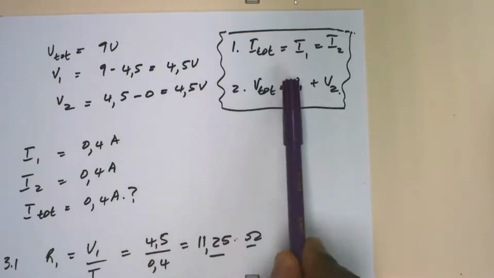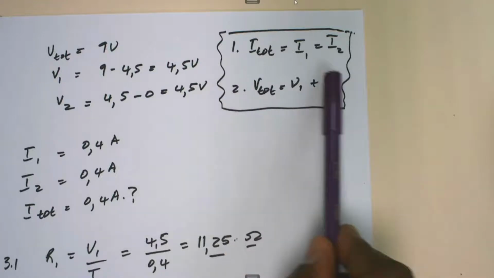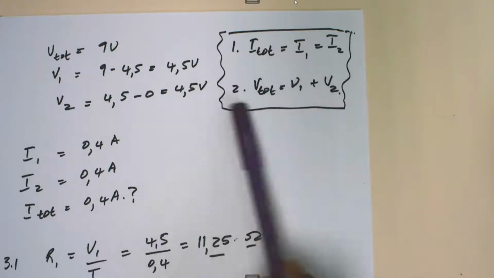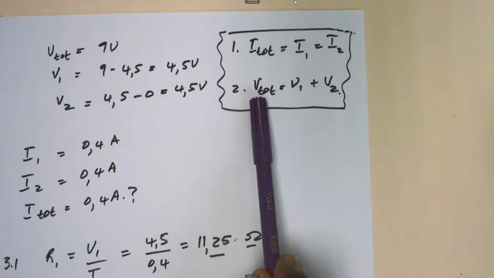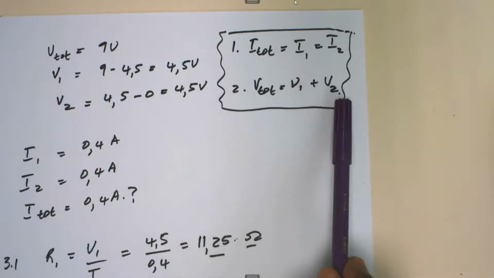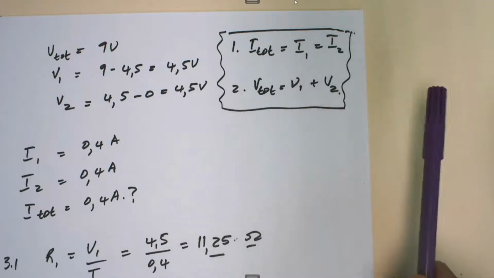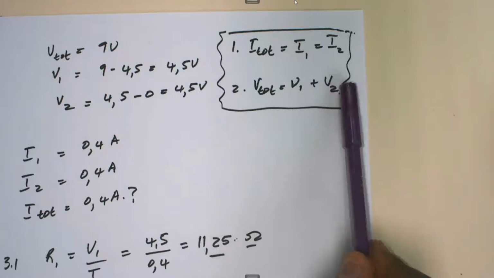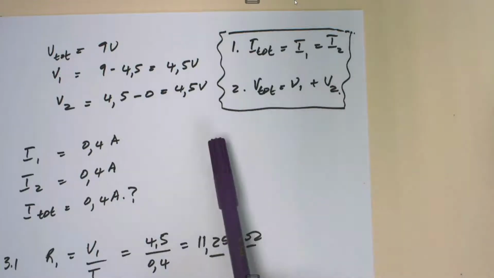So if we have our resistors connected in series, V total will be V1 plus V2. If you have other resistors, then you have plus V3 and so on and so forth.